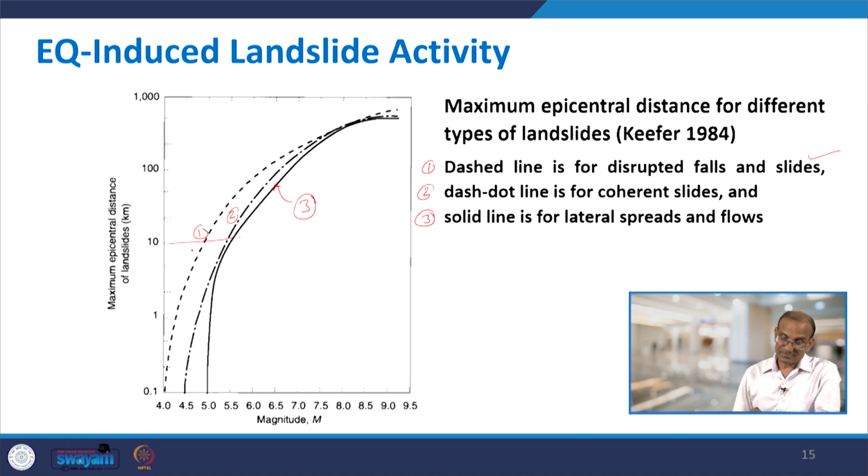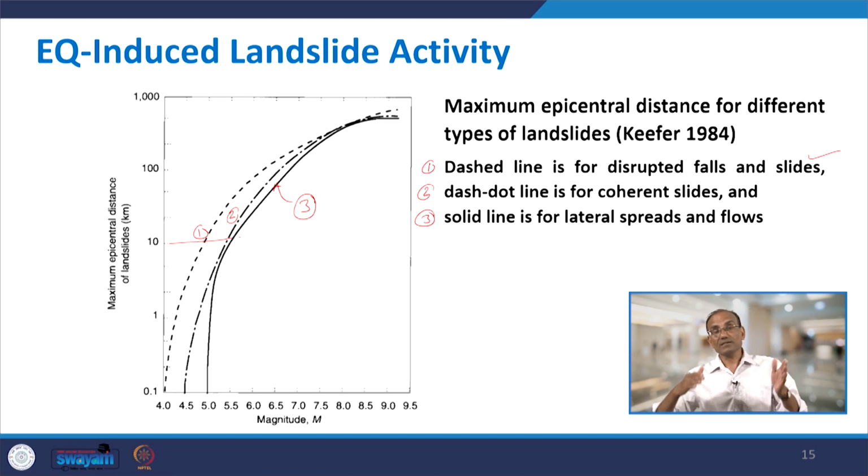For the first curve, when the magnitude increases, the epicentral distance up to which you can expect landslides is increasing exponentially. But if the magnitude is 5 or less, then the landslide epicentral distance may be at most 10 to 12 kilometers, not beyond that.